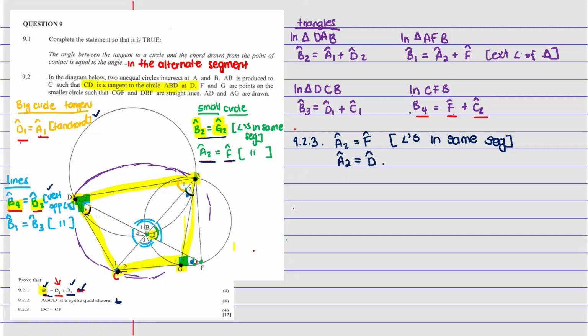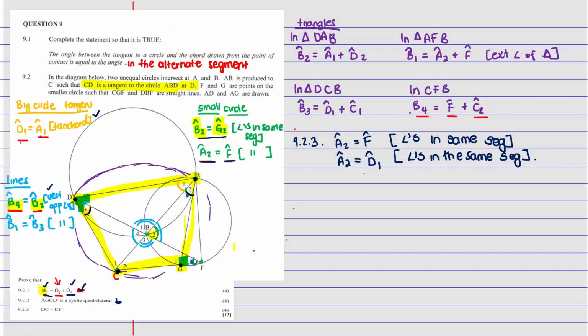And your reason is going to be what? They say that angle A2 is equal to angle D1, again, angles in the same segment. Angles in the same segment, right? So those two are equal to each other.